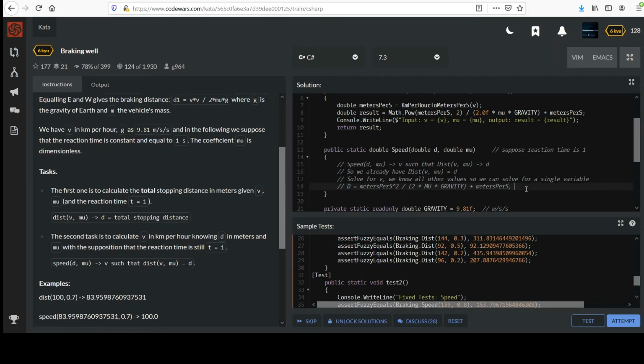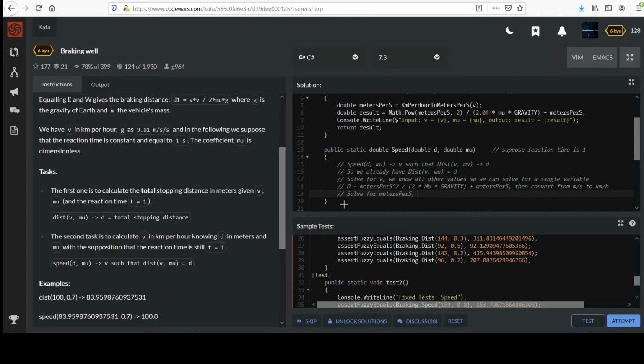And we'll make a note, then convert from ms to km per h, from meters per second to kilometers per hour. That's the units they're expecting for this output here. So now we're at the point of solving for meters per second, right?